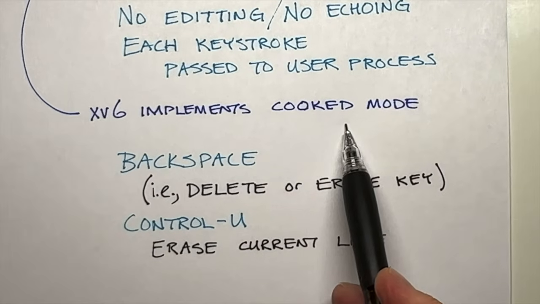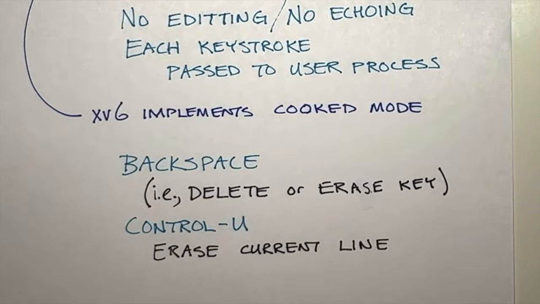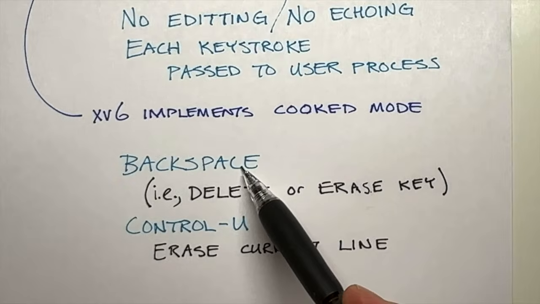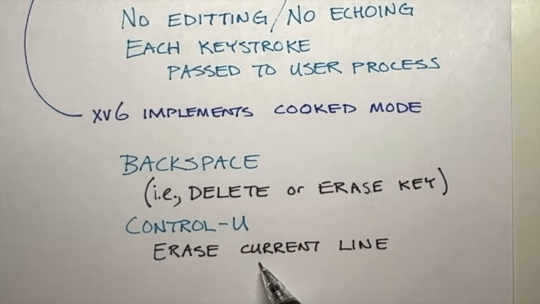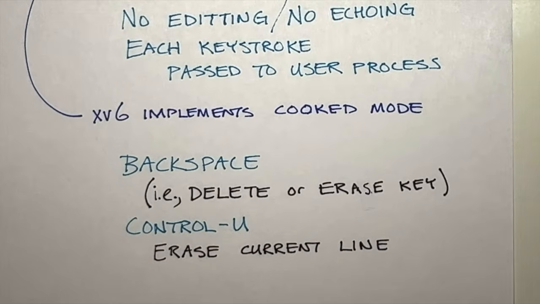What this means is that the xv6 kernel will take care of echoing each keystroke as it is pressed, and the processing of backspace keys, and will also allow the entire line to be canceled with the Ctrl-U key. Also, it'll give complete lines to the user, buffering all input until the user types a return or enter key, or enters a Ctrl-D to indicate end of file.